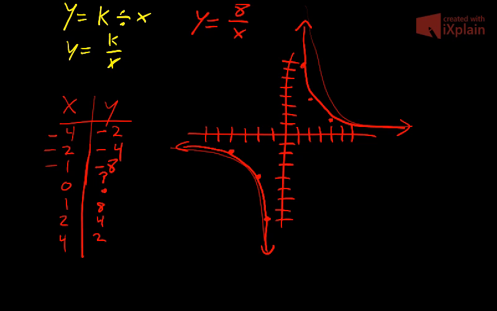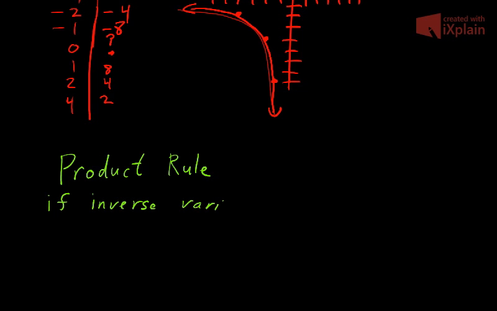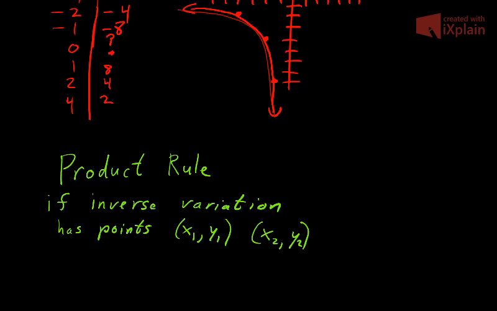An interesting property of that is that we have this thing called the product rule. I know we've had several product rules, but anytime you get a rule by multiplying things, we call it a product rule in math, because we are very, very unoriginal. And the product rule is, if we have inverse variation and two different points, my first point is going to be x1, y1, and my second point is going to be x2, y2.